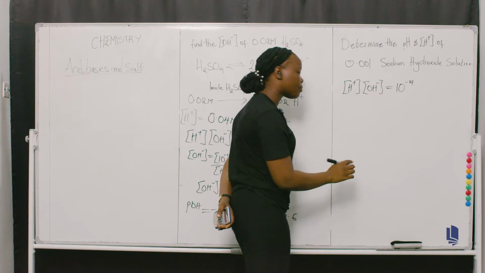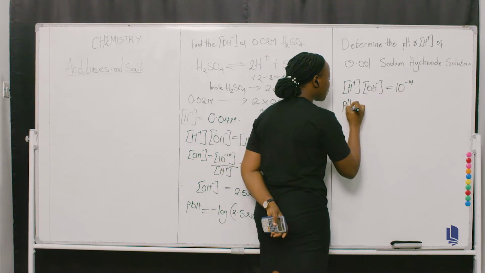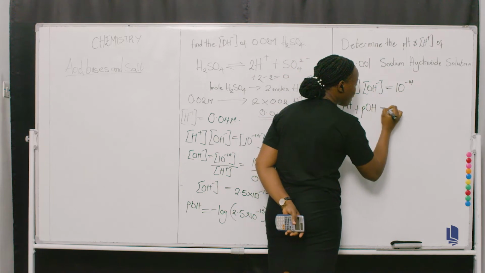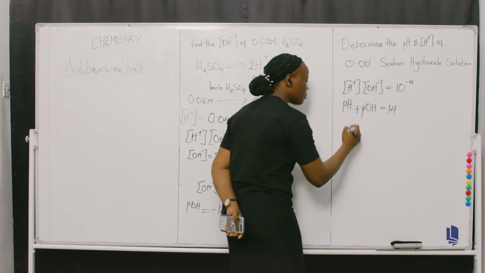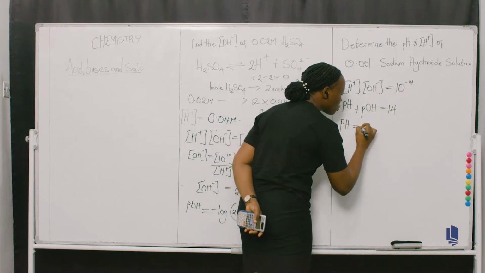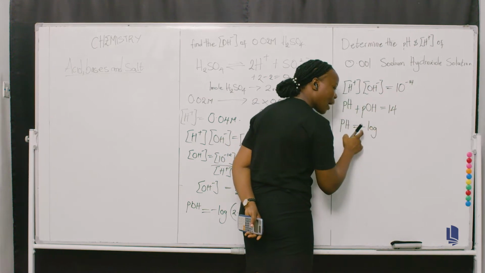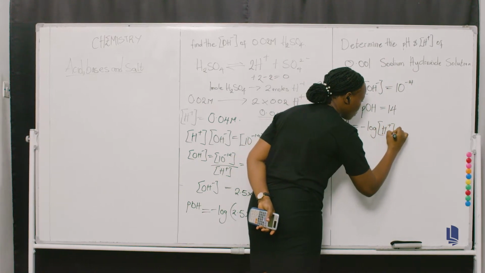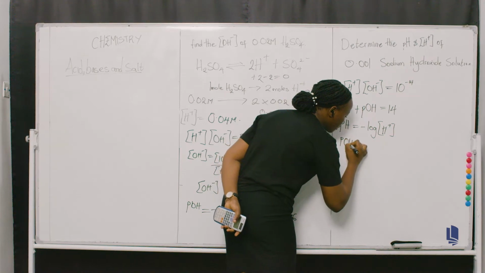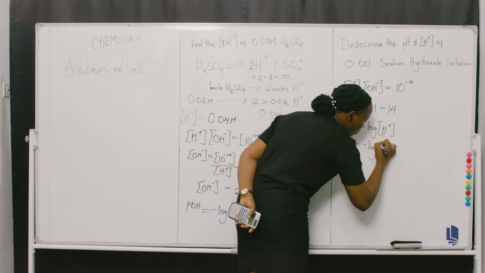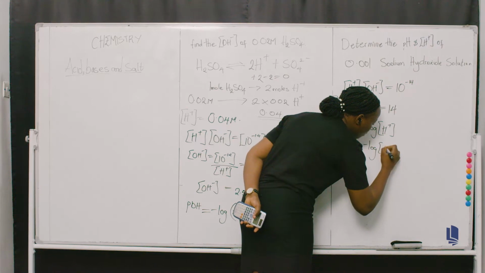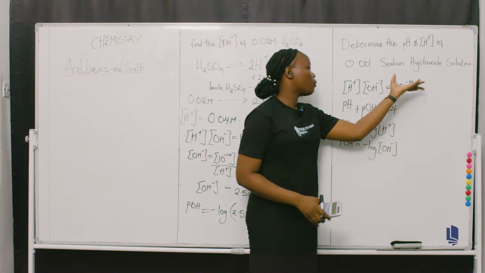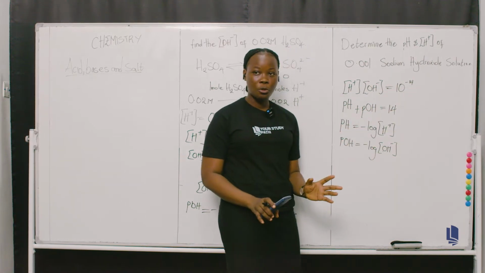This is standard, right? pH plus pOH is equal to 14. pH is equal to minus log of H plus. pOH is equal to minus log of OH minus. These 4 formulas, you need to know them.